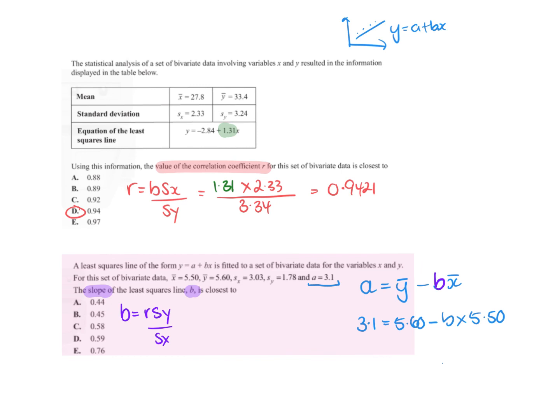I can just use the solve function and go comma A, and comma B even. That's going to help me find that B value, and we ended up with B equals 0.45. All right, so I'm tipping there too that if you didn't round it properly, it would have been 0.44.